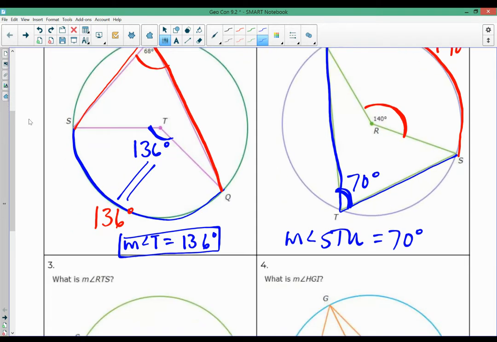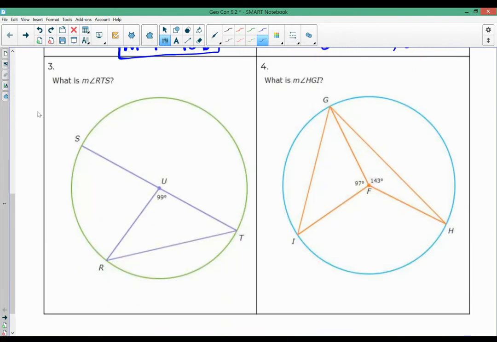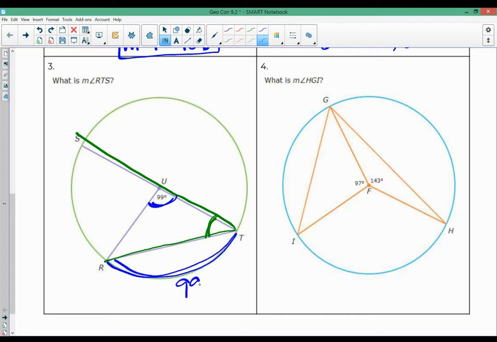All right, so those are the basics. Now here, what is the measure of angle RTS? So I've got to go in that order. I'm looking for this angle right here. I'm given this 99-degree angle, which intercepts this arc here. Arc RT is 99 degrees.